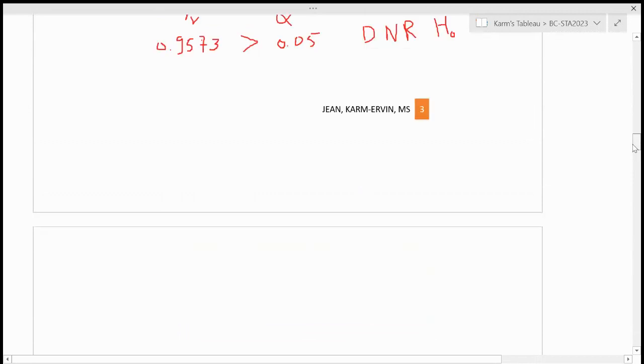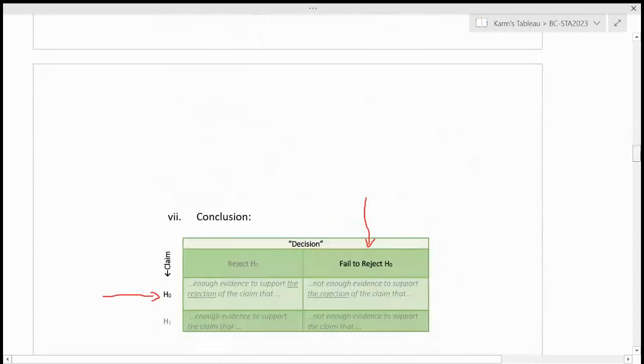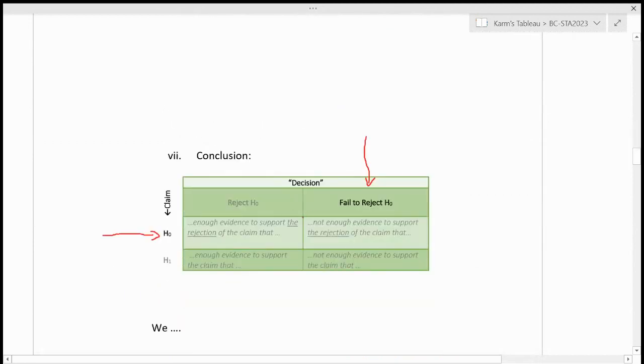Let me remind you, right here, we did say that the claim was with H0. See that? So therefore, my conclusion will be that way. This is where both the column and the row meet with each other.